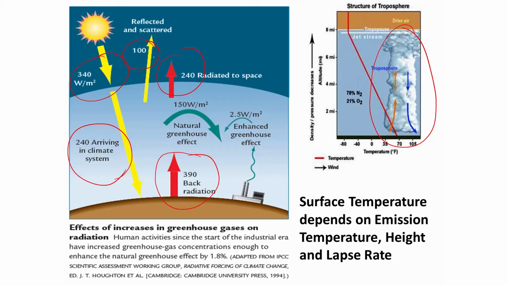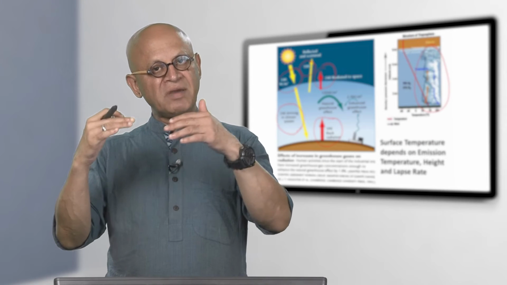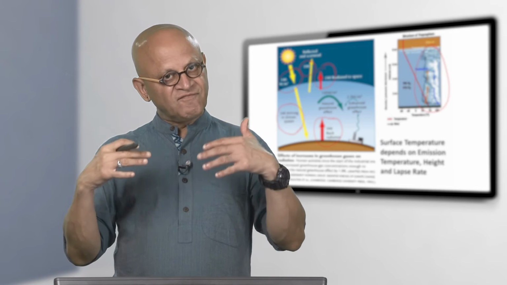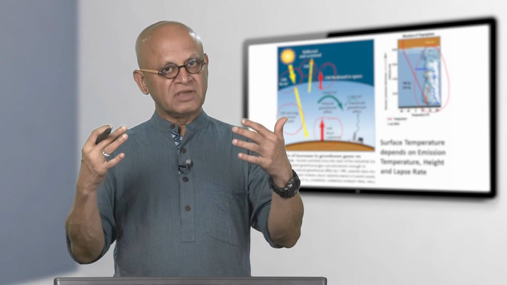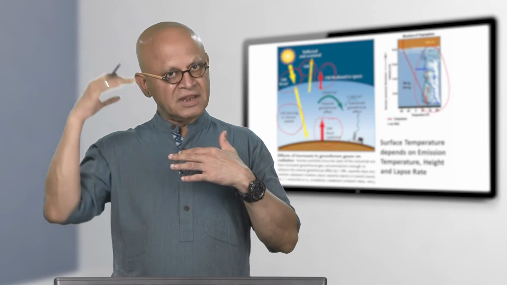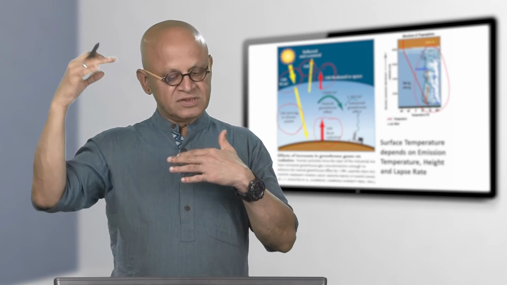But 240 must go out because at the top of the atmosphere you still have balance on a yearly time scale or a multi-year time scale. You cannot keep building energy, but that means that you have to somehow emit that energy at different temperatures. This is why we said greenhouse can give you a warmer surface and the emission temperature can be different. So, how do you do that?